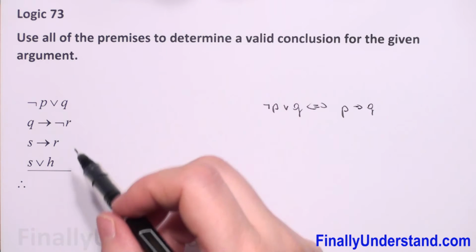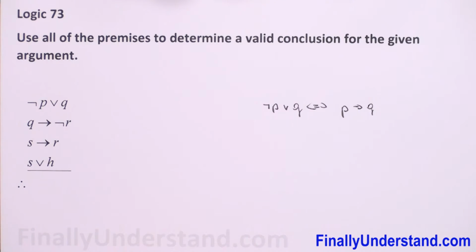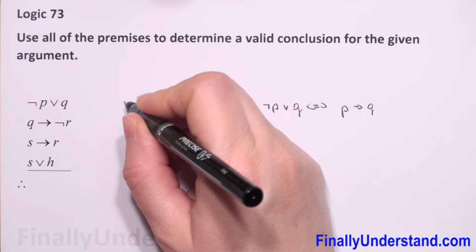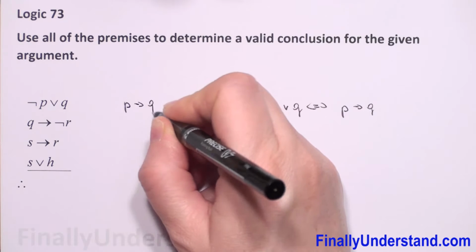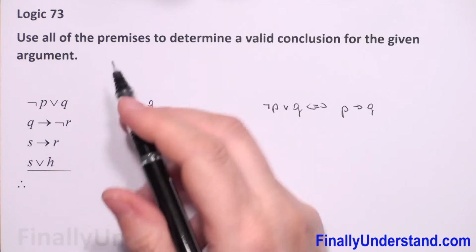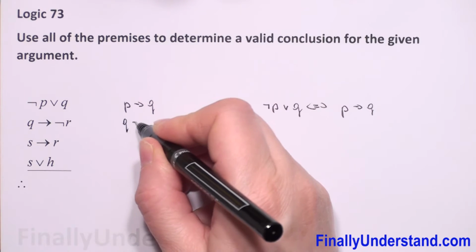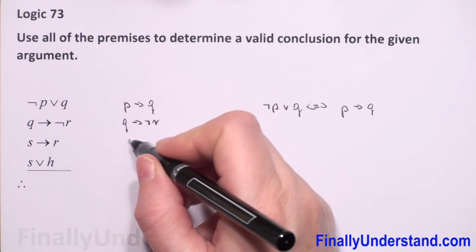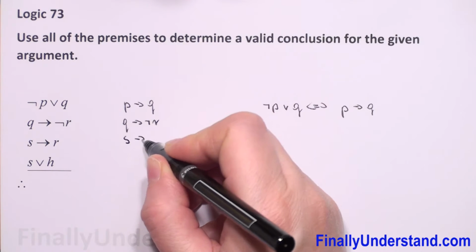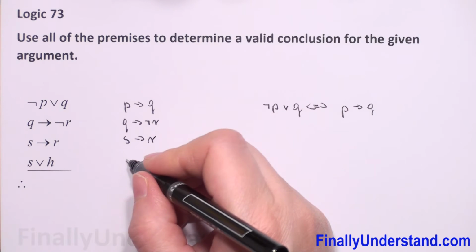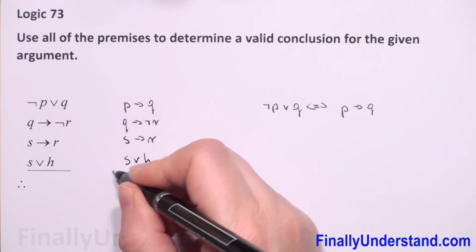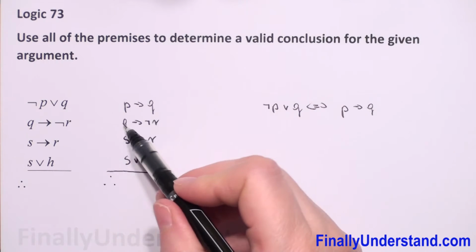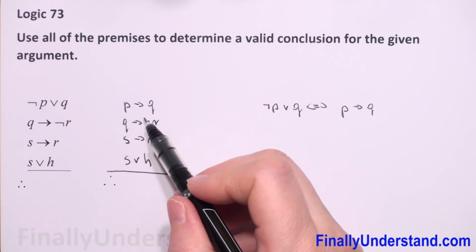So we can rewrite the first premise and we will have now P implies Q, and second we can copy Q implies not R, and we have S implies R, S or H. So now we have here the law of syllogism.